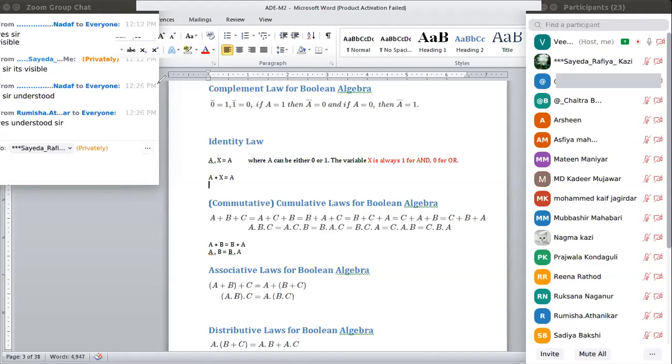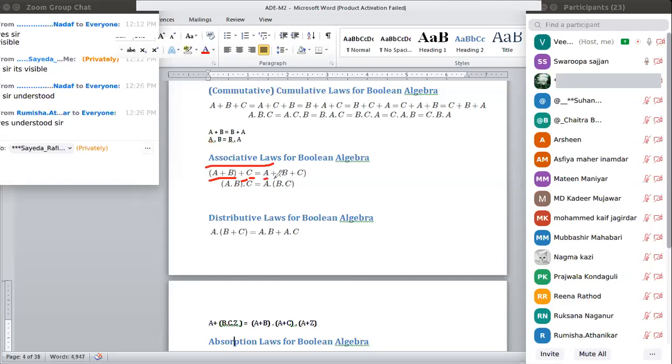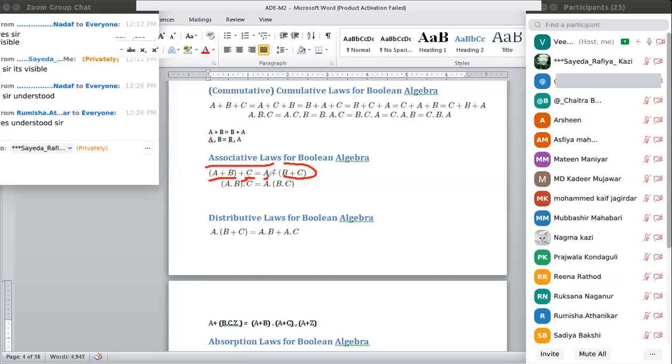Then the associative law. See, in the bracket, A plus B is one group, plus C, which is equivalent to A plus the group of B plus C. So during the OR operation, wherever we make a group, that does not matter in the associative law.